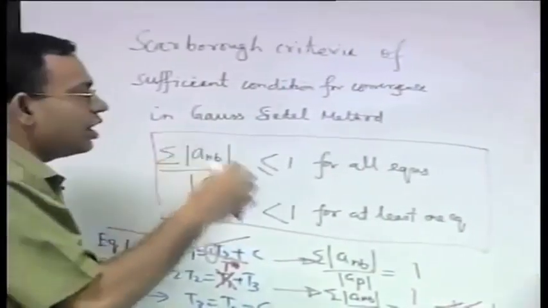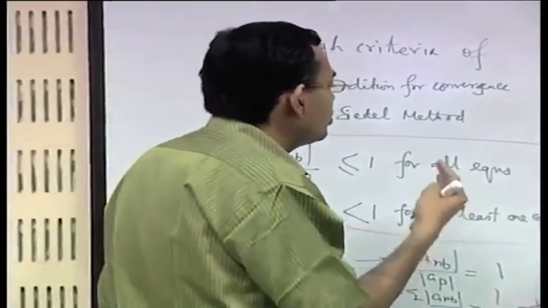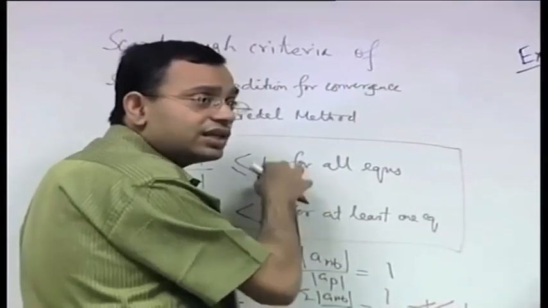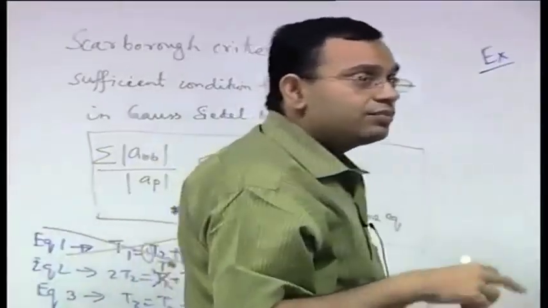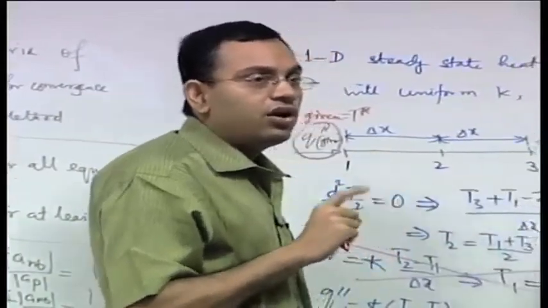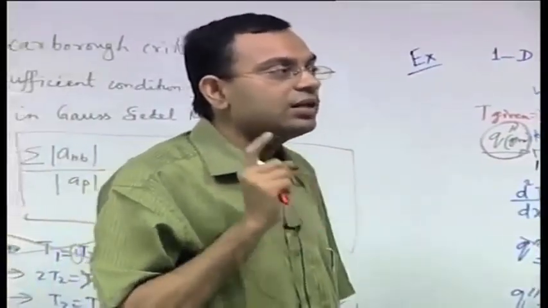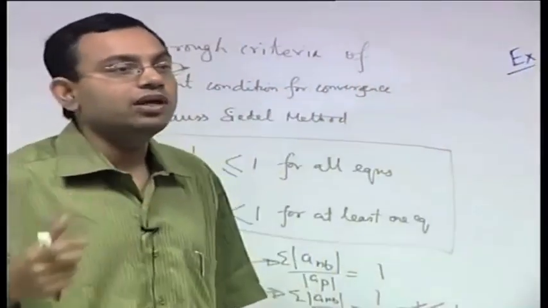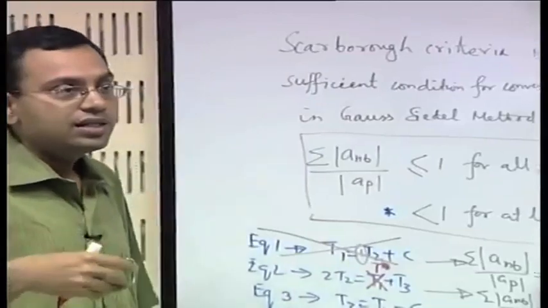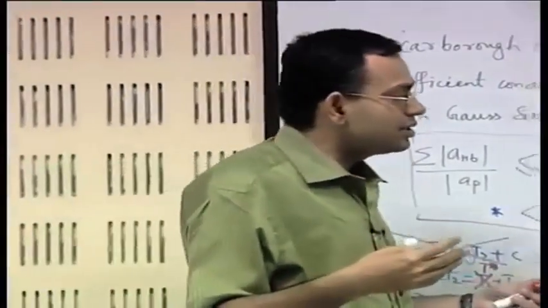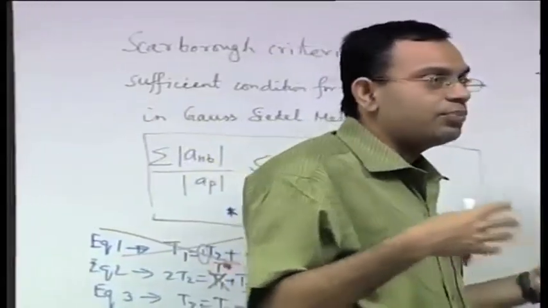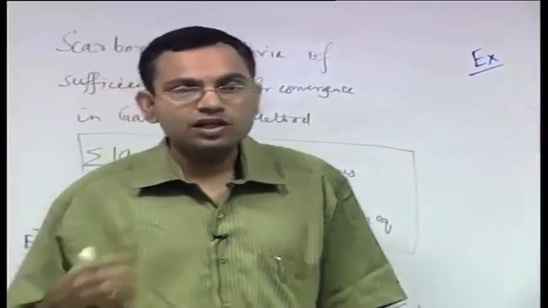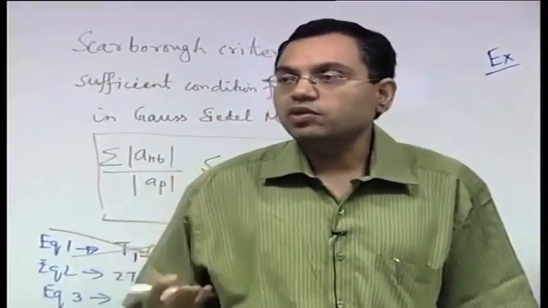So whenever we solve a problem using the Gauss-Seidel method, we need to check this criterion, and if this criterion is violated, most of the time it will mean not an error in the discretization but an error in the problem formulation or specification itself, in terms of giving the appropriate boundary conditions. In CFD, most of the times people fail in solving the problem because of an error in correctly giving the boundary condition, because most of the time you are solving the same equation.